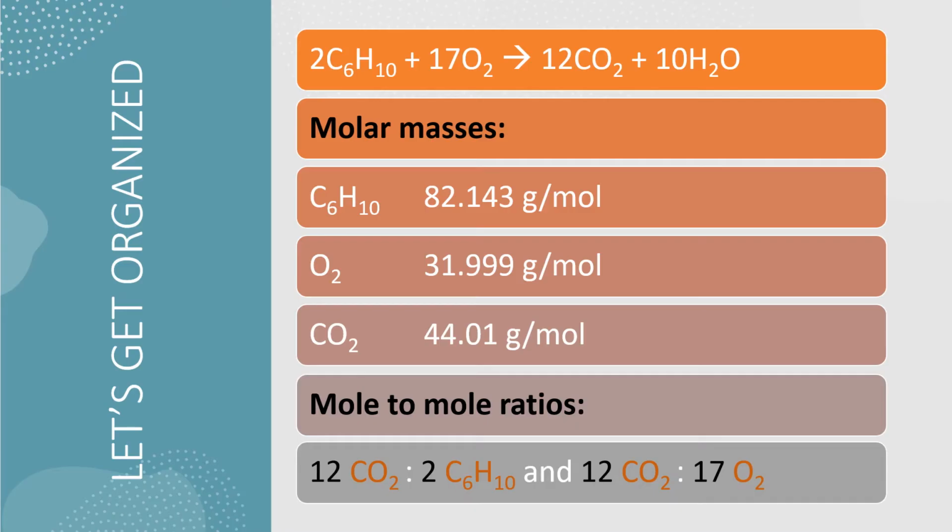This balanced equation tells us we get 12 moles of CO2 out for every 2 moles of C6H10 that we put in. And alternatively, it tells us that we get 12 moles of CO2 out for every 17 moles of O2 that we put in. Very different. Worth noting that and crucial to use it in our problem solving.